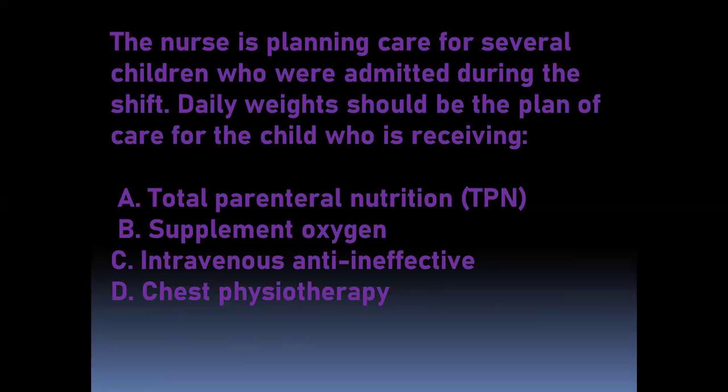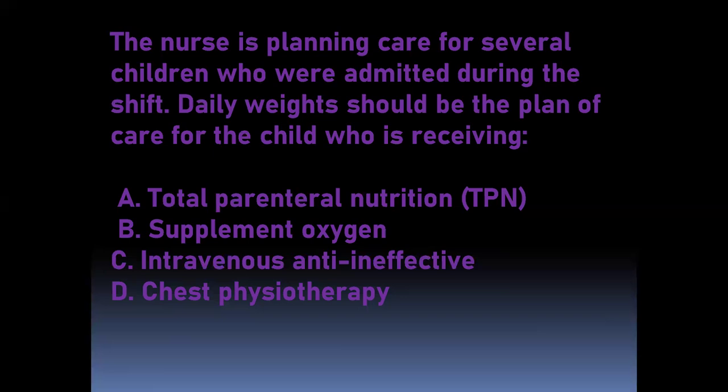If the weight is increasing, it means there is excess fluid, so the need for total parenteral nutrition may differ. We are giving an overload of fluid. It will cause hypervolemia. Got the point? So daily weight checking for the child who is receiving total parenteral nutrition. Okay, got the point.